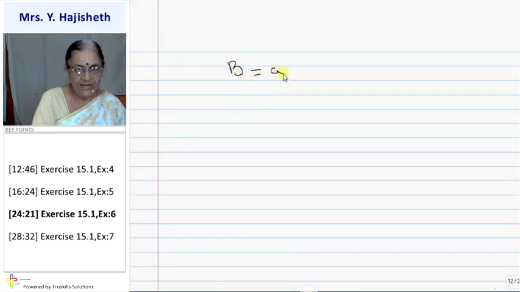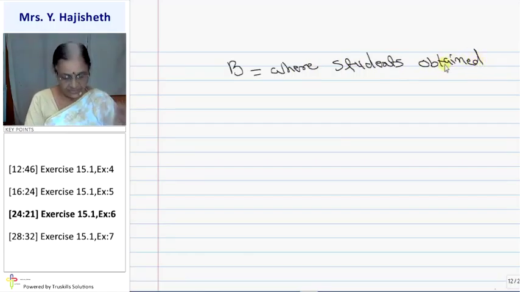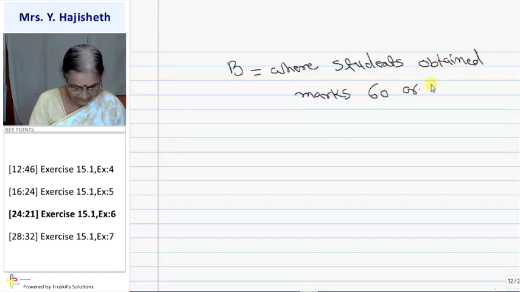Now the second question, let us call it B. B is an event where students obtain marks 60 or more than 60. You have to name the event, okay? To make it short, 60% or more than that.